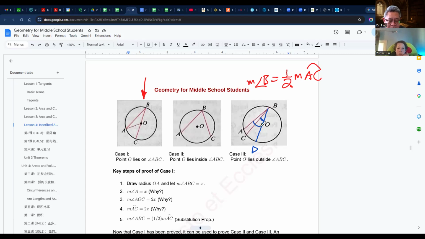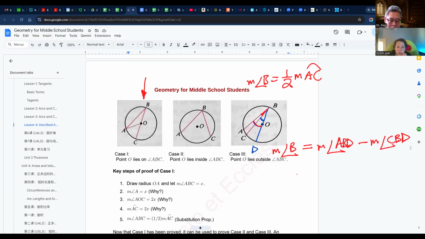Good. Now, what happened to the angle B? Angle B is this little bit here. Well, this one is what? Measure of B is measure of ABD minus measure of CBD, right?